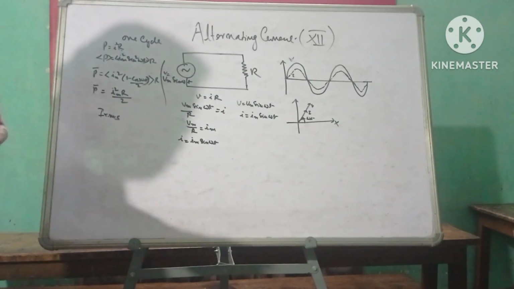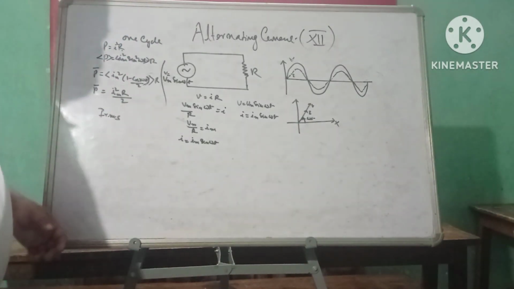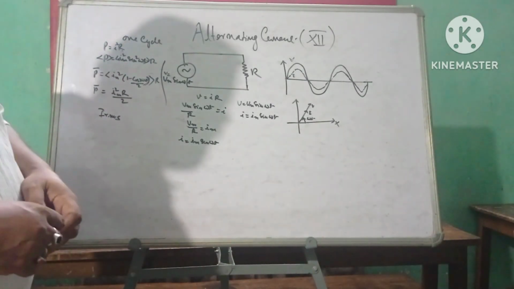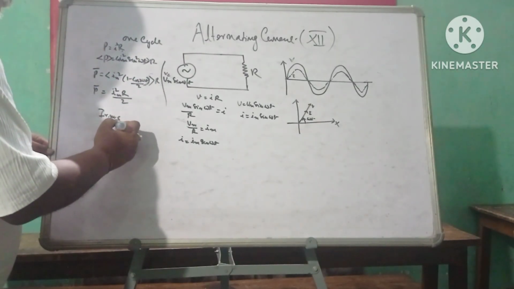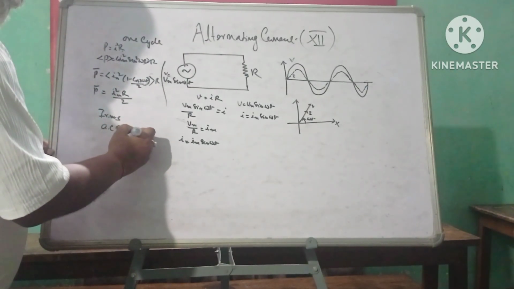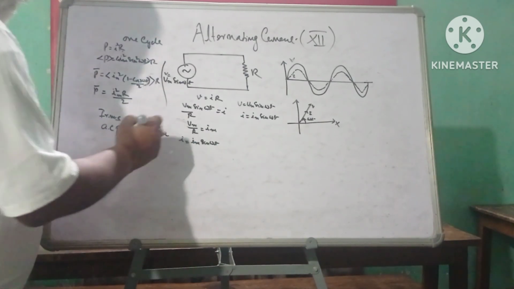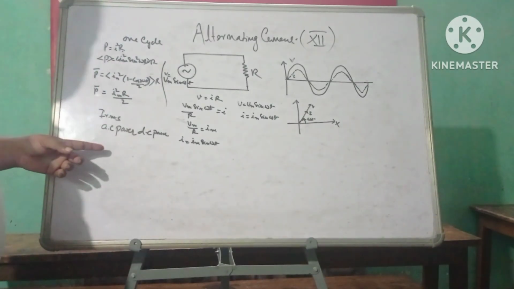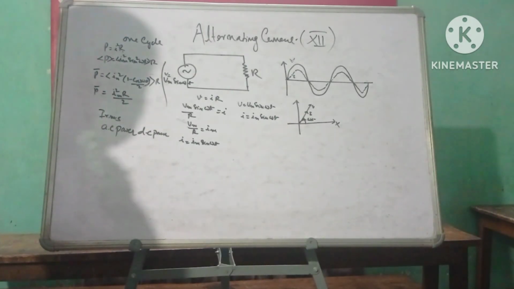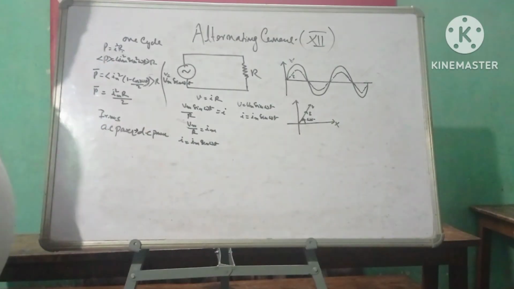See the important point: you can express this AC power as DC power, and this can be done by IRMS.